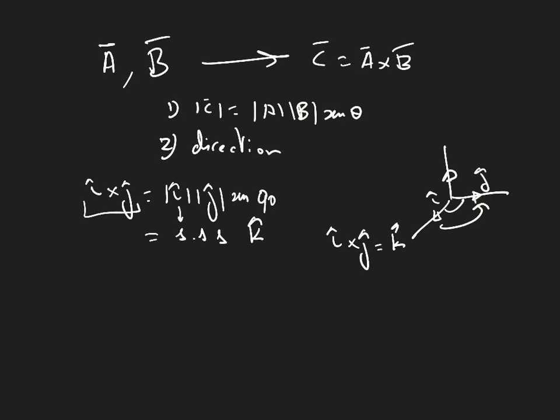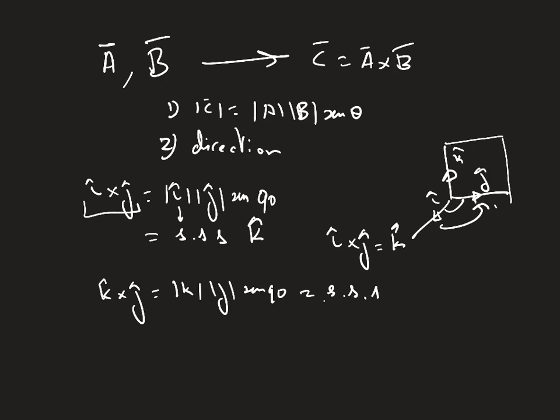Let's do another problem. k cross j, for example. You see the plane, k cross j? What will it be? The magnitude of k times the magnitude of j times the sine of the angle that they form, that is 90 degrees. This is 1 by 1 by 1. So k cross j is a vector that has magnitude 1, but in what direction?